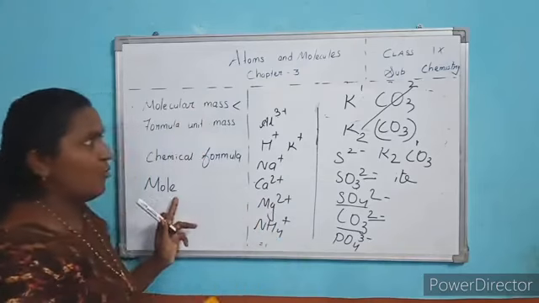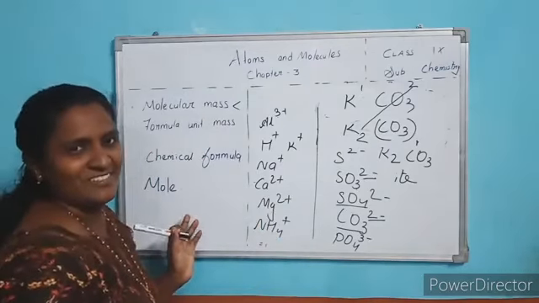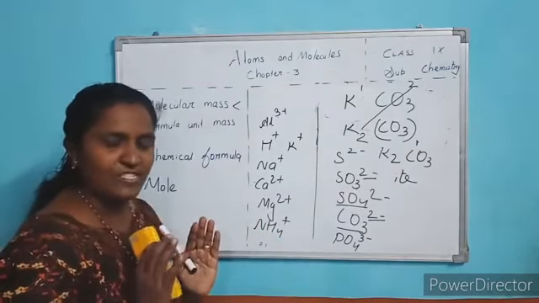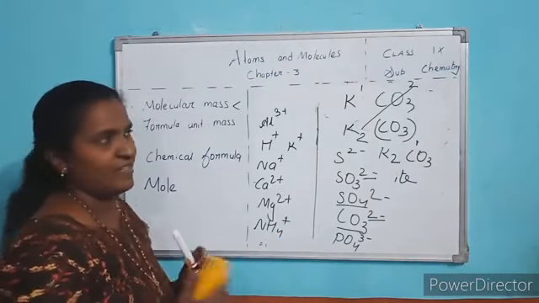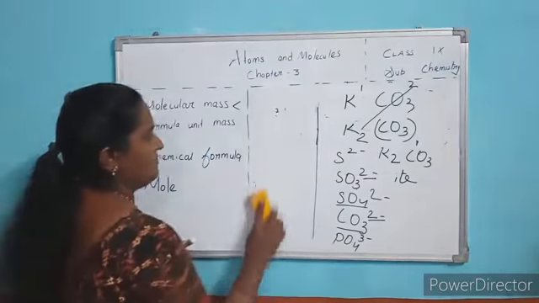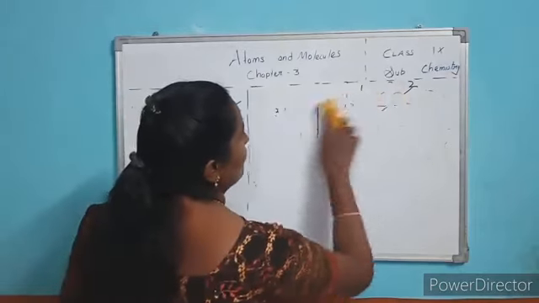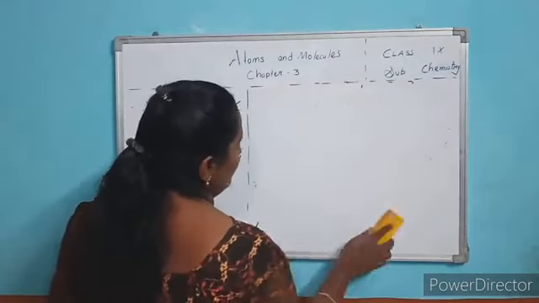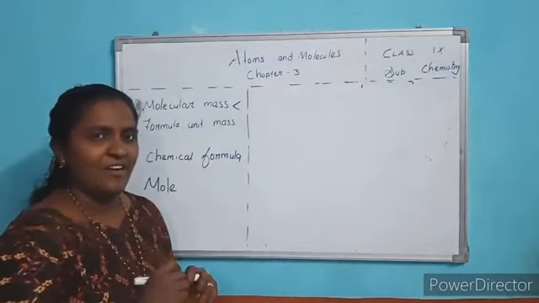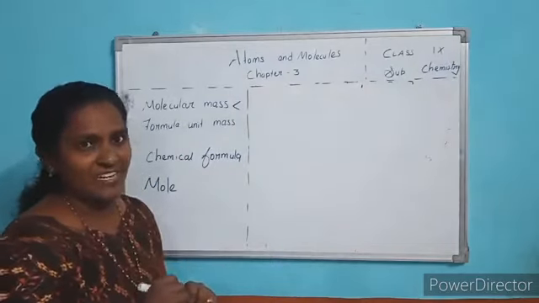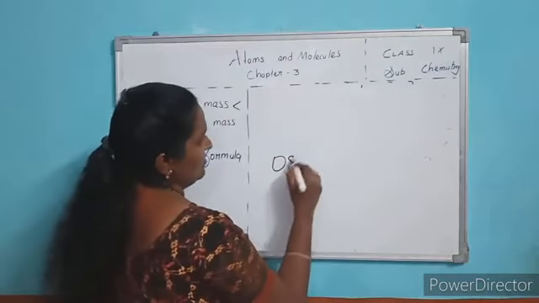Next we study mole, the important concept. In ninth standard, the most important topic is the mole concept. Most important. What is the mole concept? This word mole was derived by Wilhelm Ostwald.